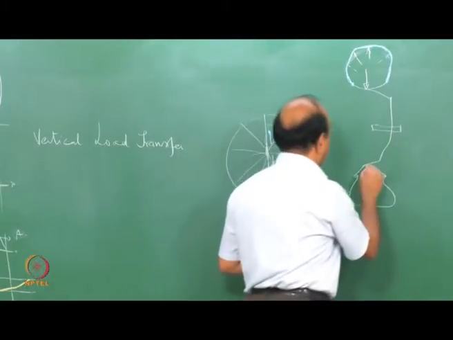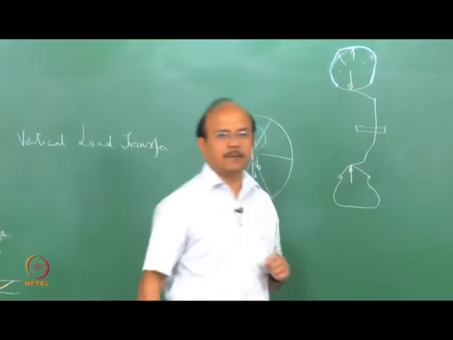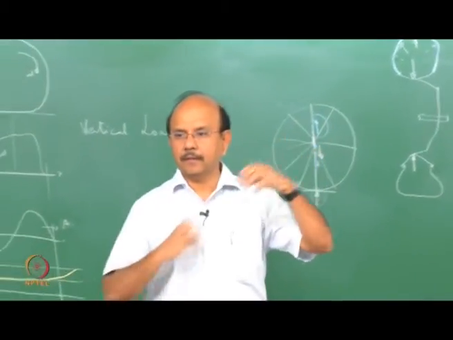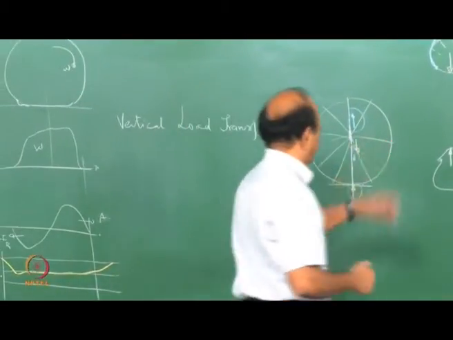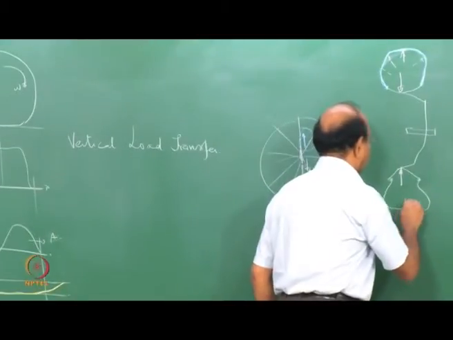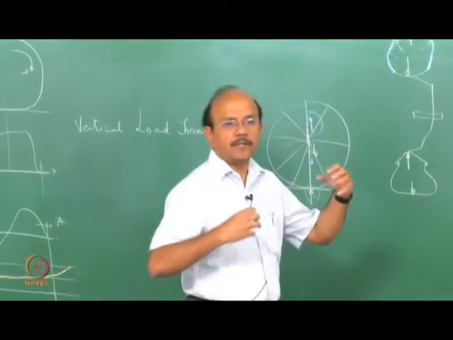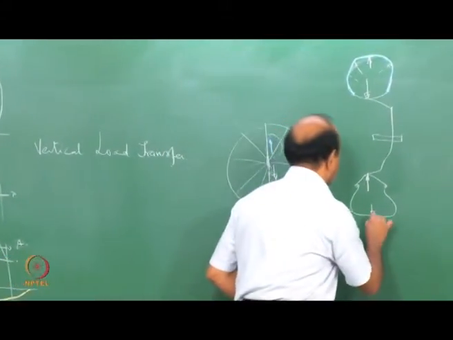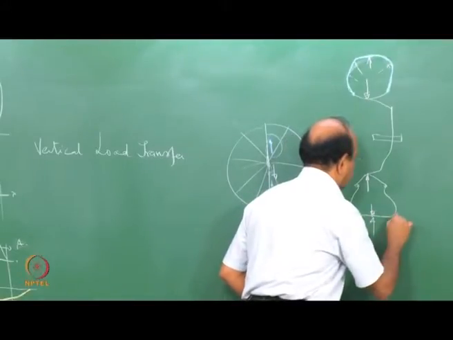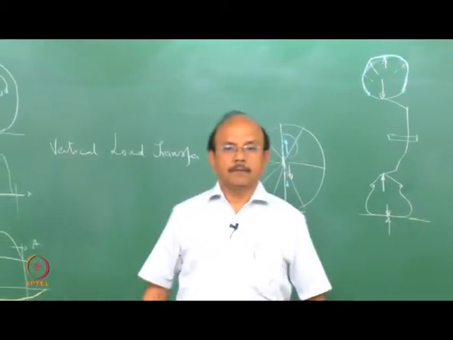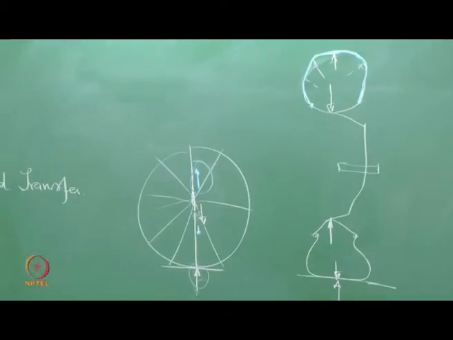There's an inflation pressure like this, which acts on the rim. Let's say it's a tubeless tire. A tube tire doesn't make any difference. That is the inflation pressure, and that's the ground reaction. Clear? This is how it acts.